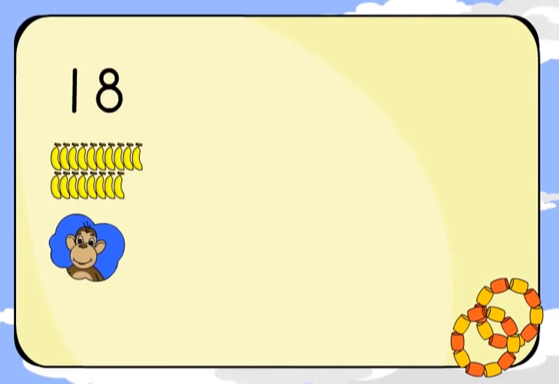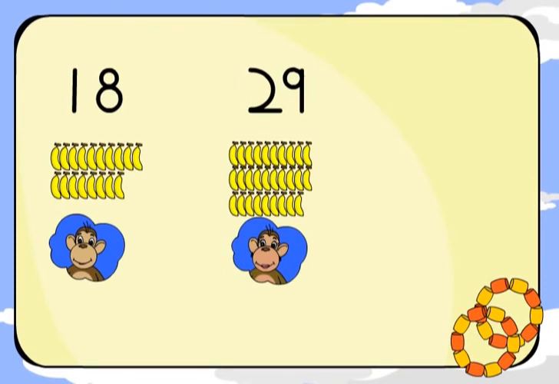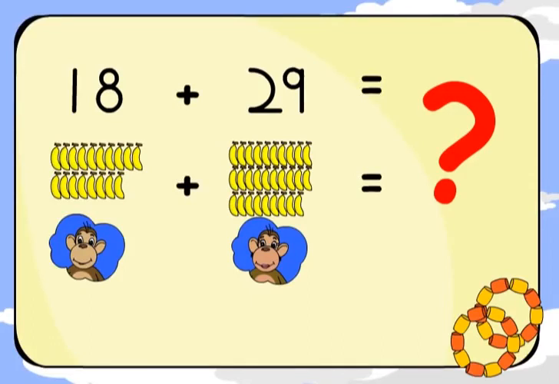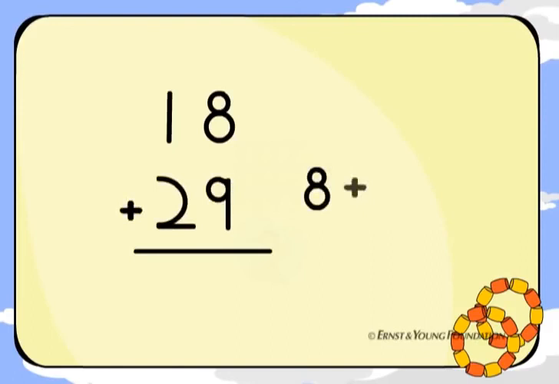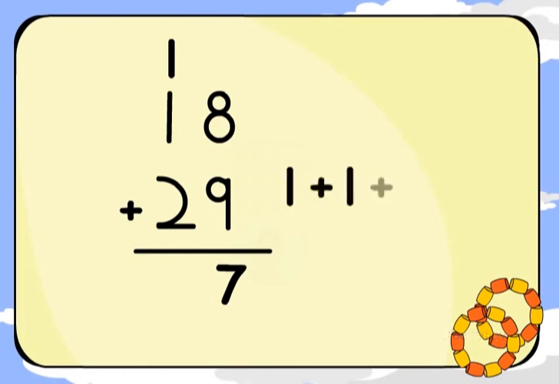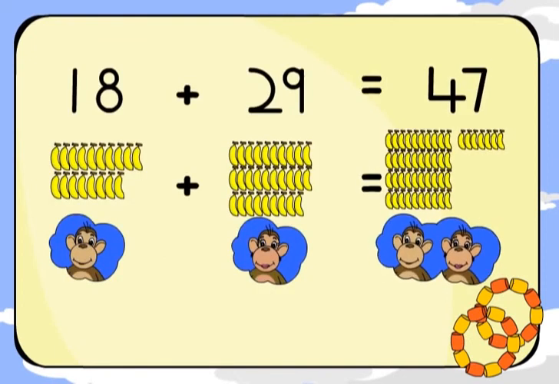Monku has 18 bananas. His mother has 29 bananas. How many bananas are there in all? 18 plus 29 is equal to 47. There are 47 bananas.